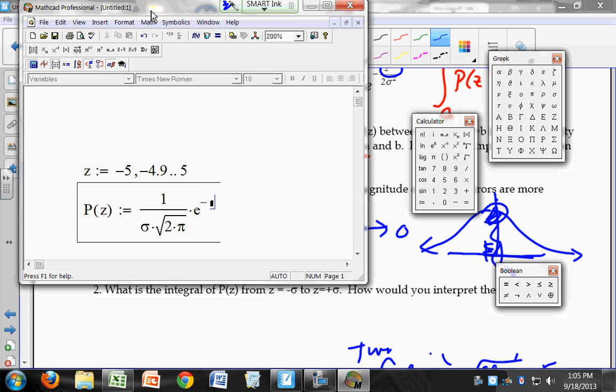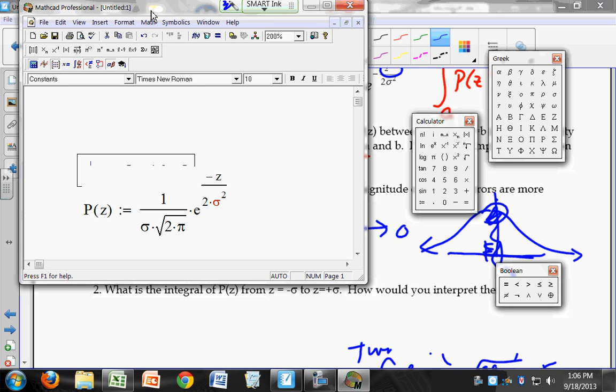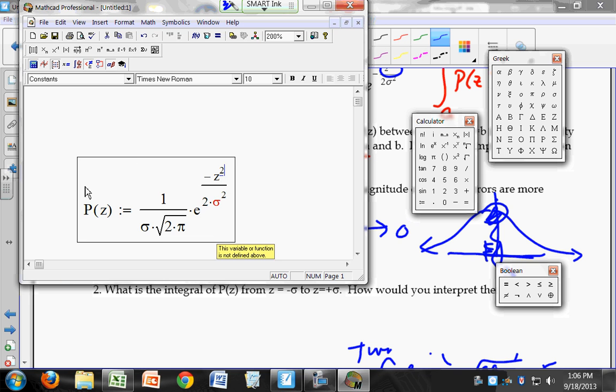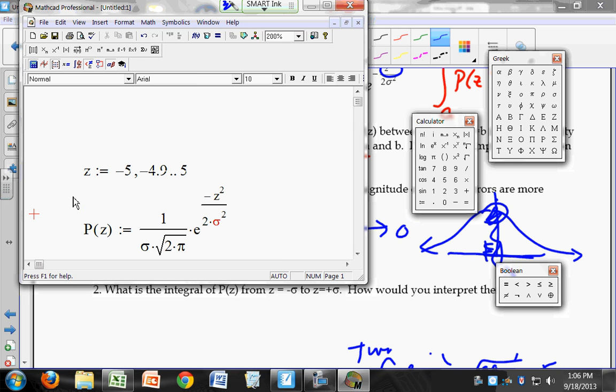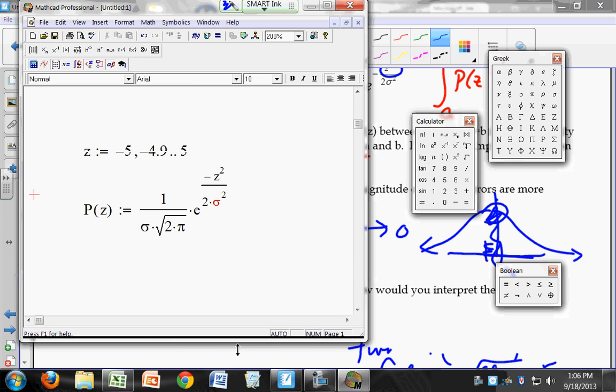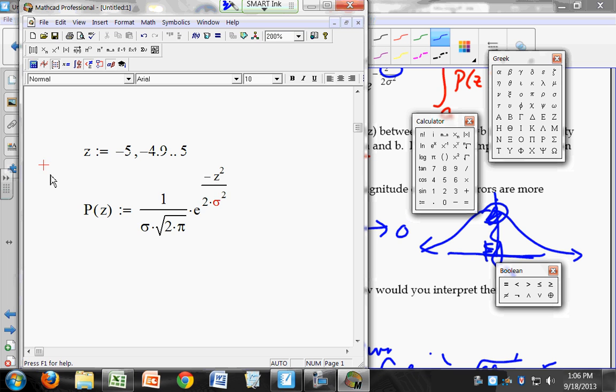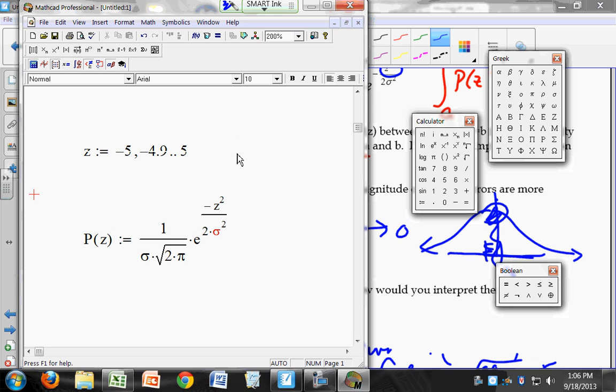Minus z squared over 2 times sigma squared. All right, so MathCAD's complaining that it doesn't know what sigma is. So let's just define sigma to be 1.